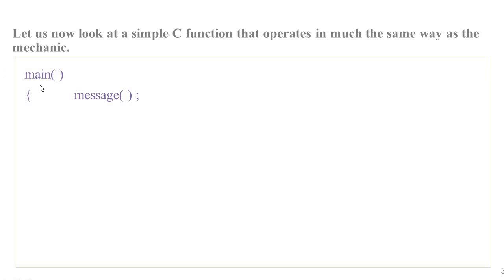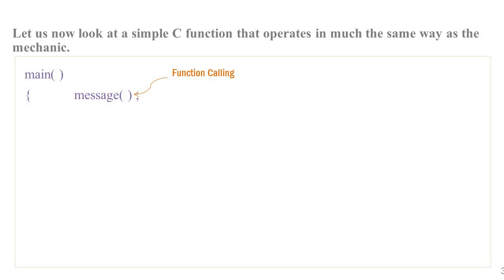In this main method, there is one statement, message, parentheses, and a semicolon. Basically this is a function call. How do we recognize that this is a function call?